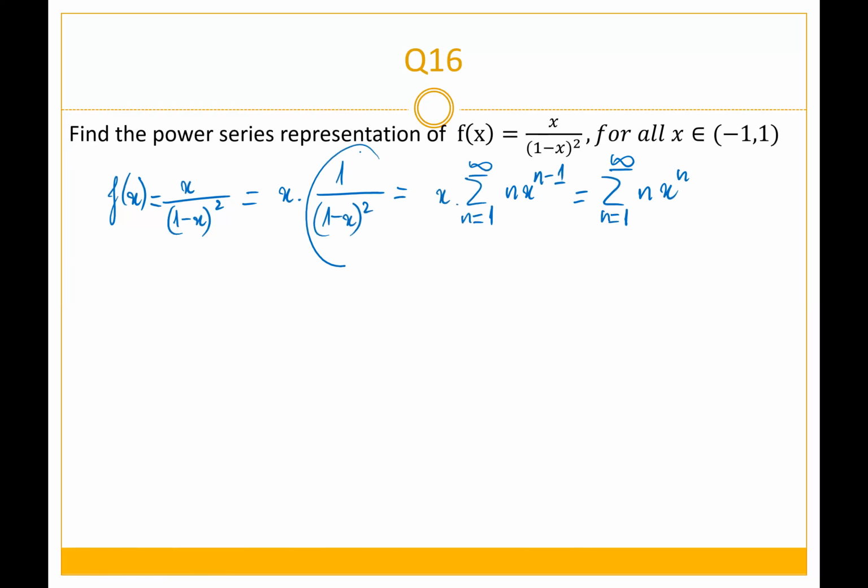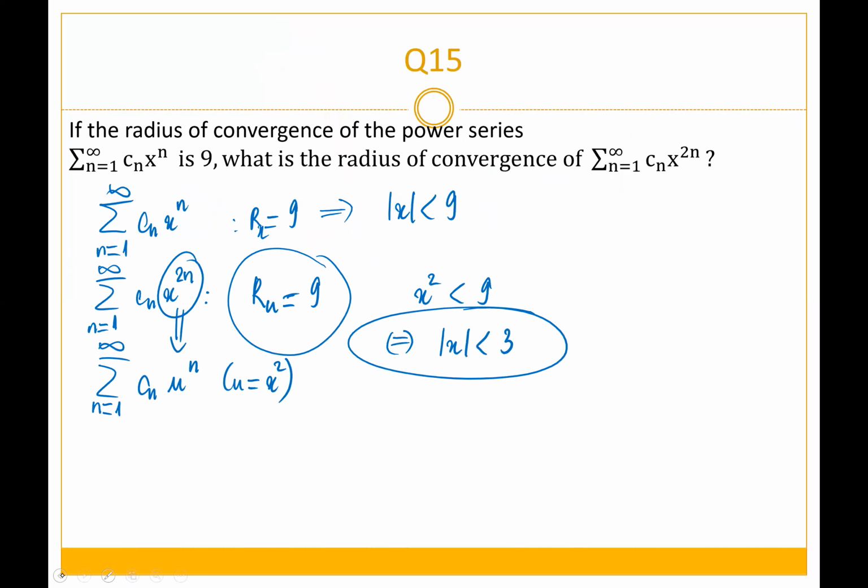Or you can derive this one by coming from 1 over 1 minus x as well. And the power series for this one, you definitely have it. Oh yeah, there you go. I think we found this. It looks very similar to this.